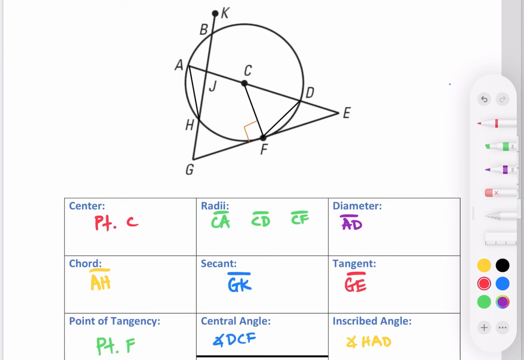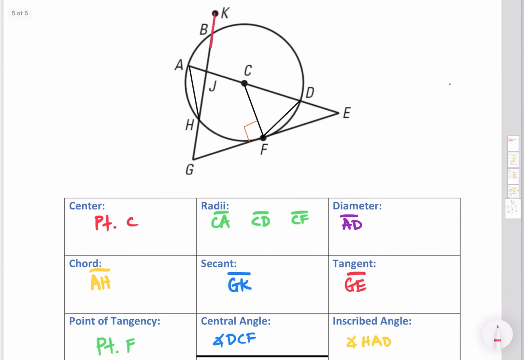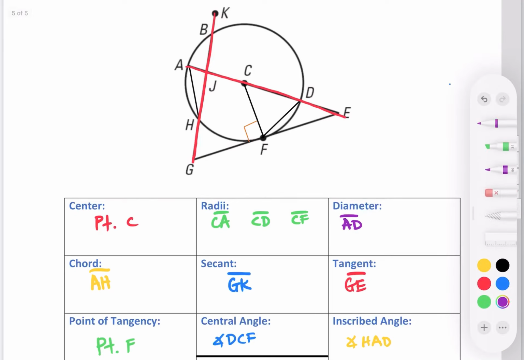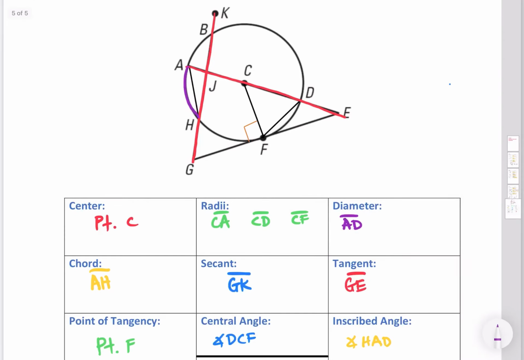If I take a look at this line over here, KG, and let's do AE, well, we can see that one possible pair could be formed right over here. We have AH as an intercepted arc, and the other half of that pair would be BD. So AH and BD.